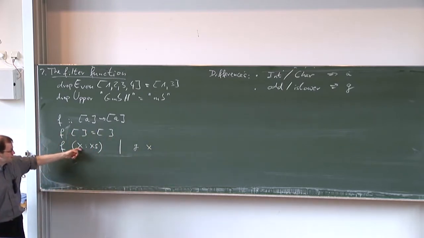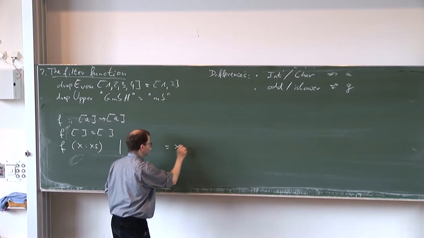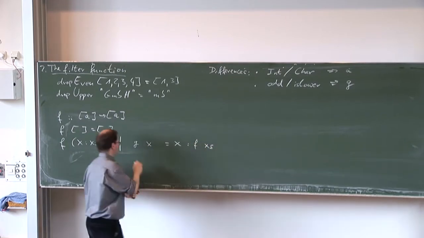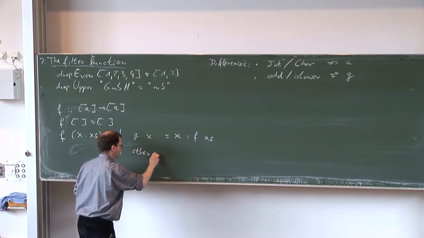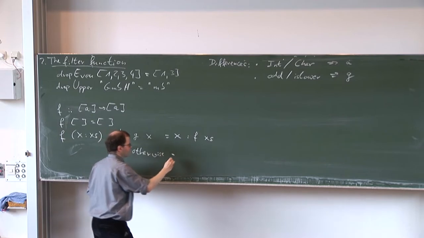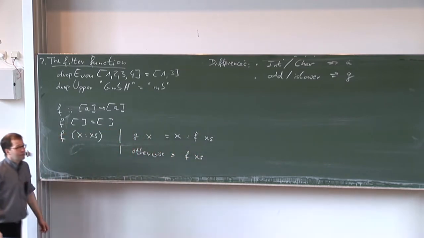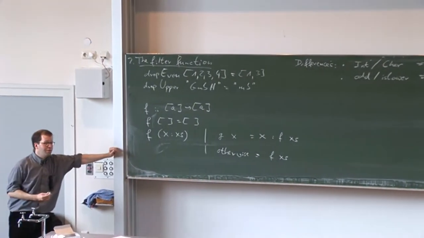If this g condition is satisfied, so if it returns true, then this x is kept, and this function f is called recursively on the rest. And otherwise, this x is dropped, and f is called recursively on the rest. So this is the thing that these two functions have in common.